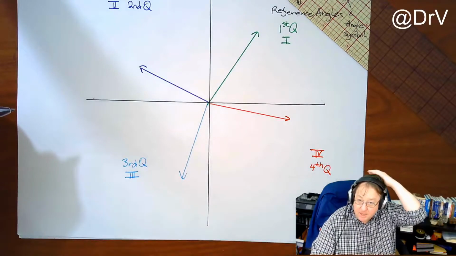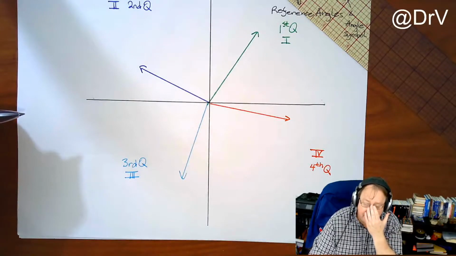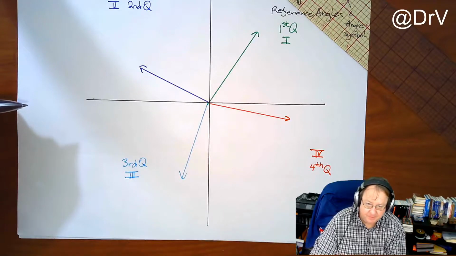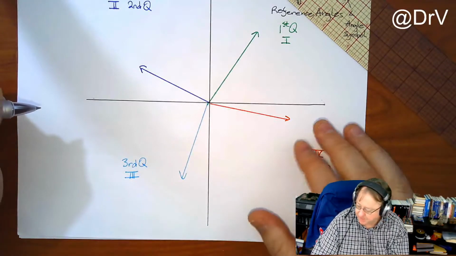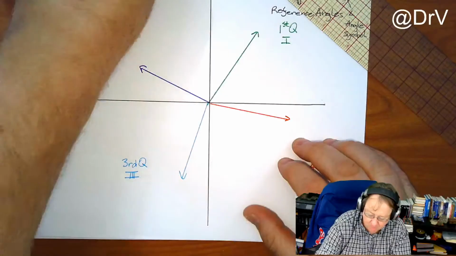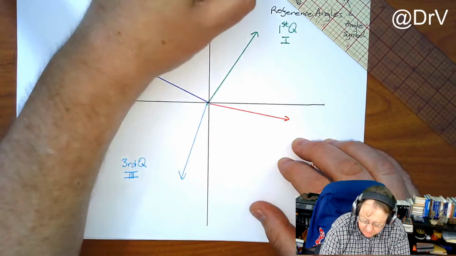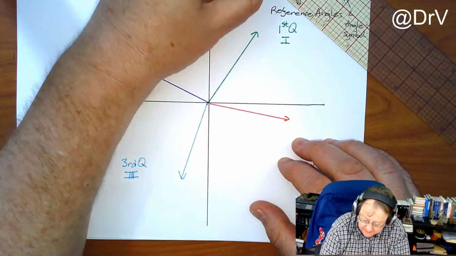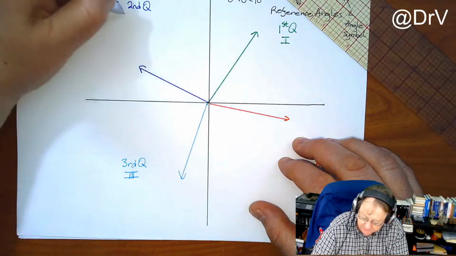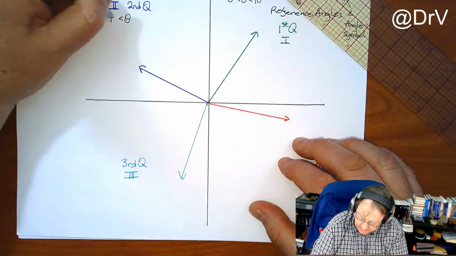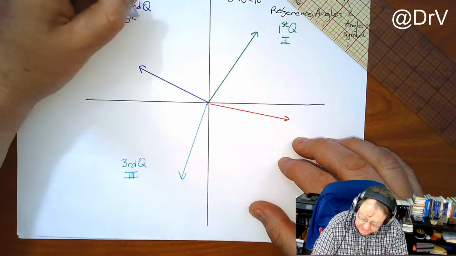Now, in the last lecture that I did, I kind of set this stuff up. When's it positive? When's it negative? What are the ranges? And really, the only thing that we need at the moment is to know that theta is greater than 0 and less than 90 for a first, that theta is greater than 90 and less than 180.